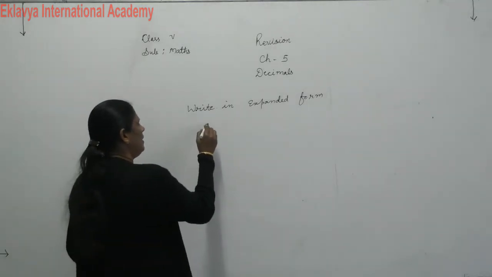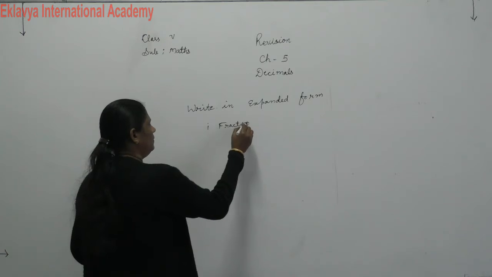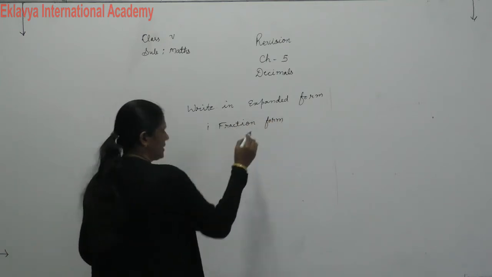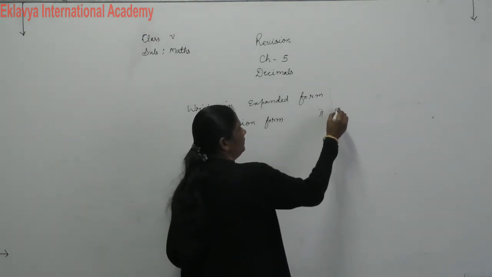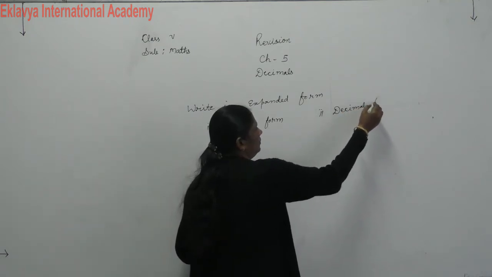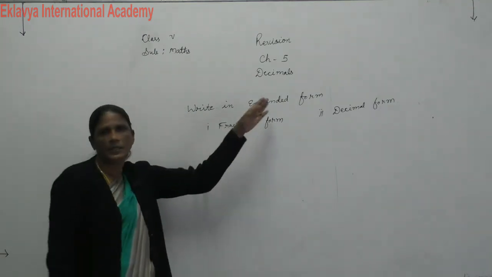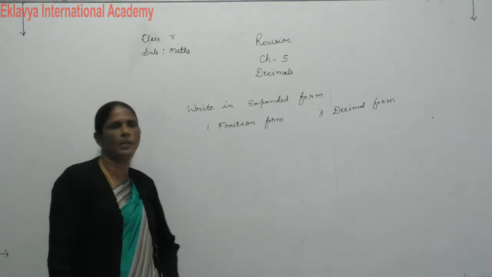First, fraction form. Second, decimal form. Write in expanded form: first fraction form, second decimal form.